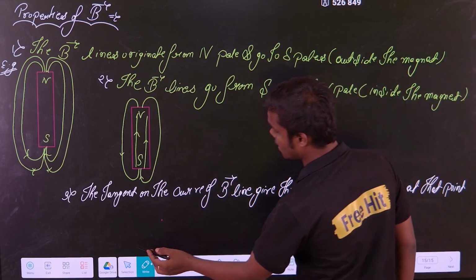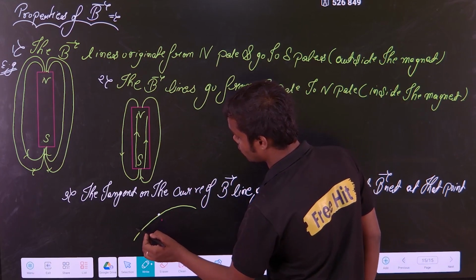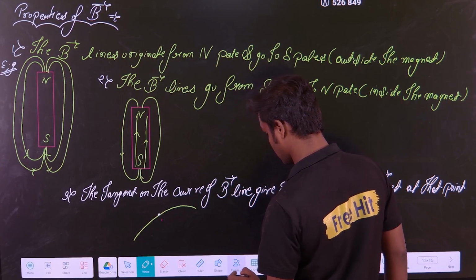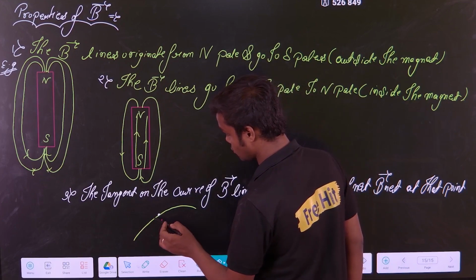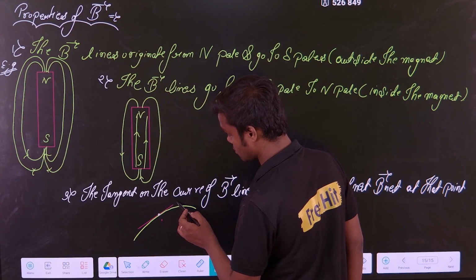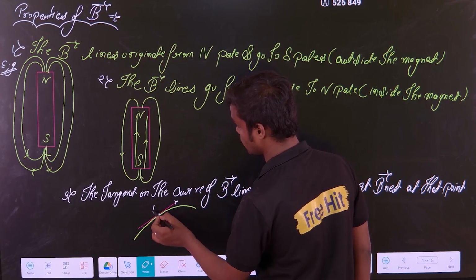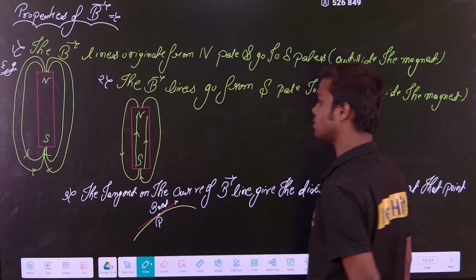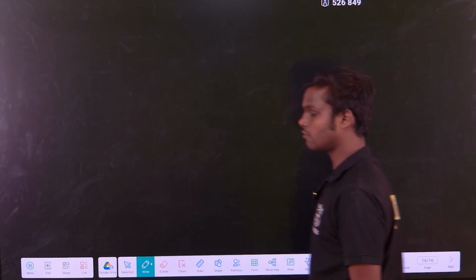Correct? Suppose we have a curve and at this point I am drawing a tangent. This is my B net at point P. Clear? So this is the third property. Any doubt? Okay, let's move to the fourth property.